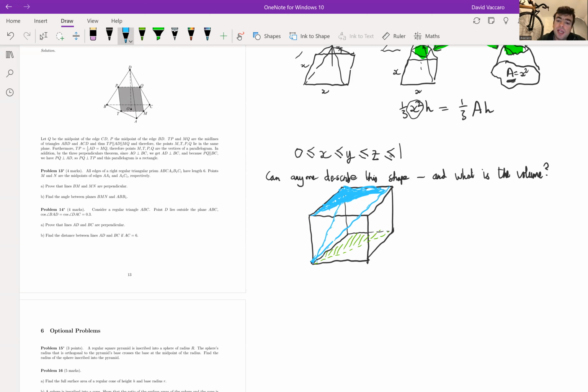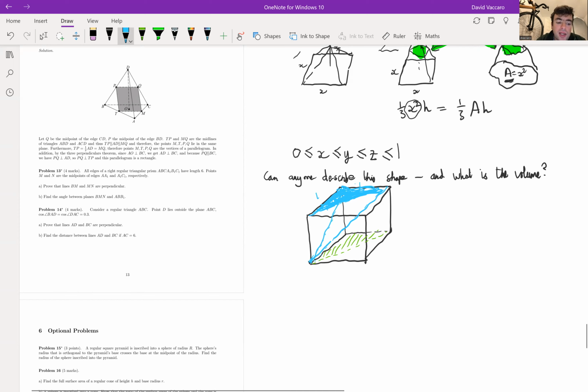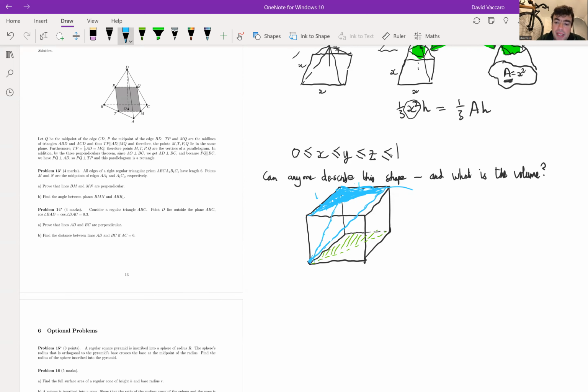Okay, so this is a pyramid. Okay, and the base area is 1 times 1 over 2 because it's a triangle. So the base area is a half. And then the height is 1. So the volume is 1/6.